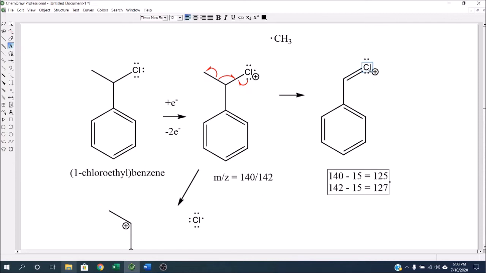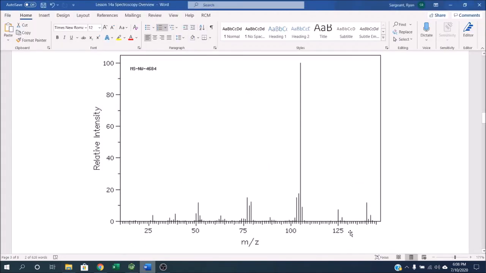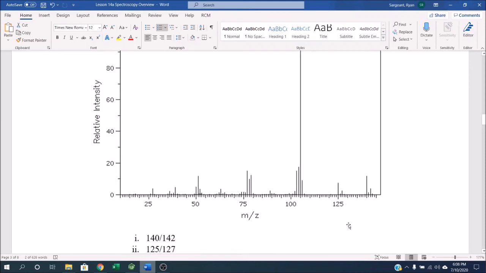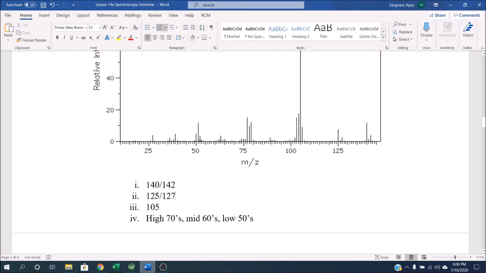The chlorine 35 and chlorine 37 isotopes are still going to be there, so we're still going to see that same M/M+2 ratio, which is exactly what's going on right here inside of my mass spec. There's a peak at 125 and then another peak at 127 that is approximately 1/3 as tall. And so that's what we get in this one right here. And that explains the 125, 127.